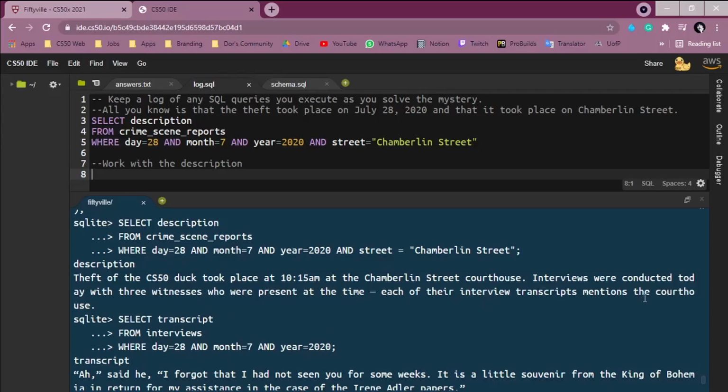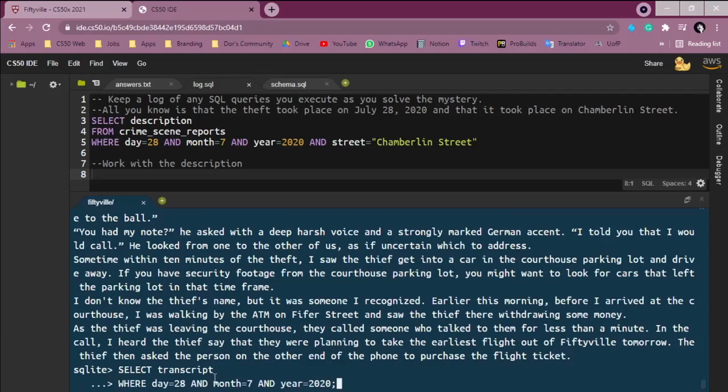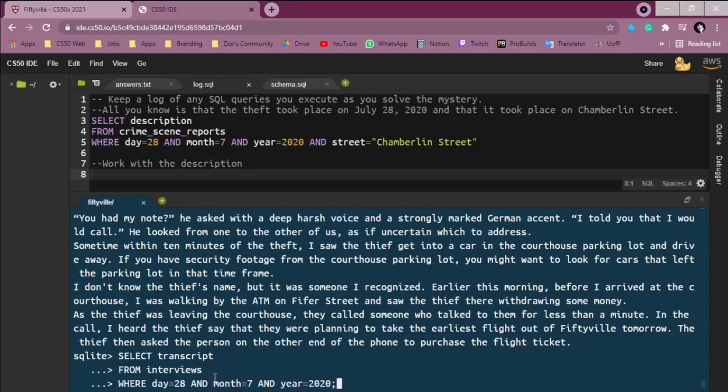So we're going to use this courthouse keyword to find out who the 3 witnesses of this crime scene are. To do this, we're going to use again select transcript from interviews, where day equals 28, month equals 7, and year equals 2020. And we're going to add one more condition: transcript like.